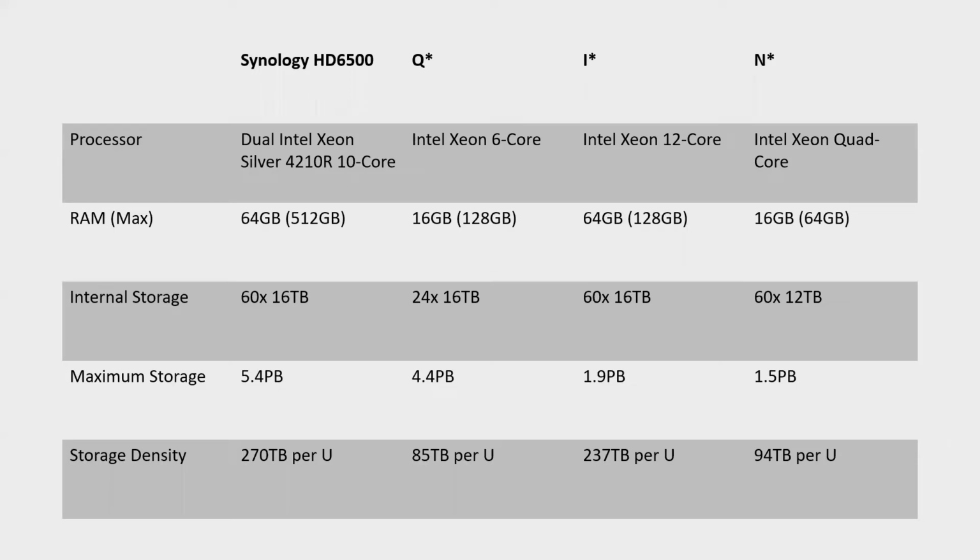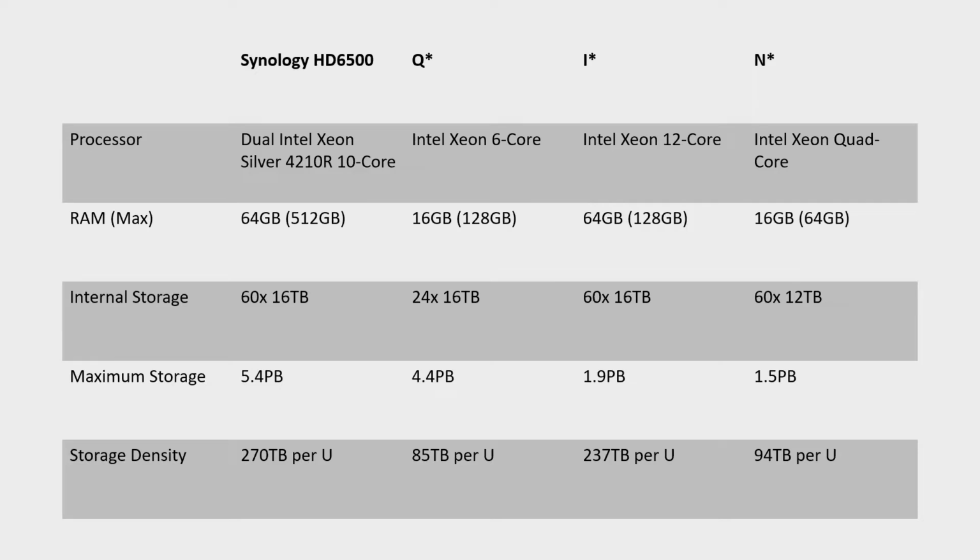Of course, they do have some Intel Xeon 12 core processors, but that doesn't compare to the fact that we've got dual Xeon 10 cores. Each of those has hyperthreading, so we've got loads of virtual threads that we can assign to different tasks. And we've got lots of headroom for that compute to grow, especially with all of that RAM that we have the ability to utilize as well.